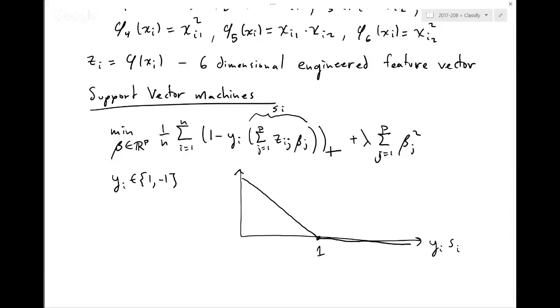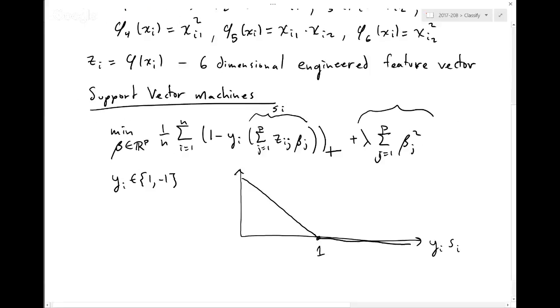Now, I didn't talk too much about the full program that we solve to get the support vector machines, but we also tend to add this. This is called a ridge penalty. The idea is that if you have perfectly separable data, then there's an infinite number of betas for which this loss is 0.